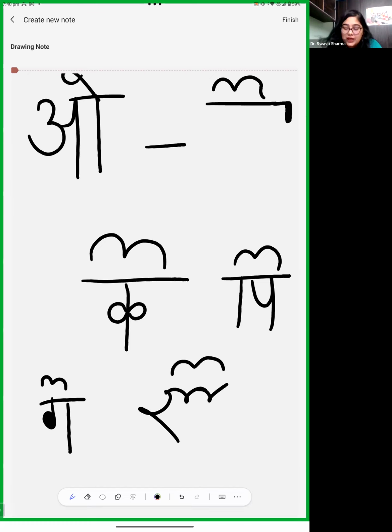Suppose we are making cow. How will we make it? We just add one more stroke here. This is cow, this is gow. But what will we do with ja? How will we make Jau? We can't do it like this.